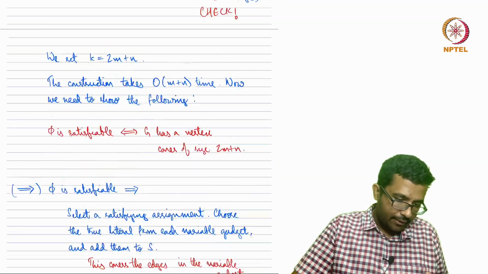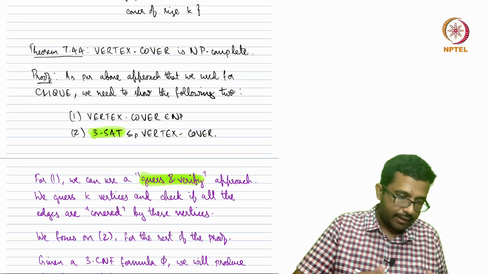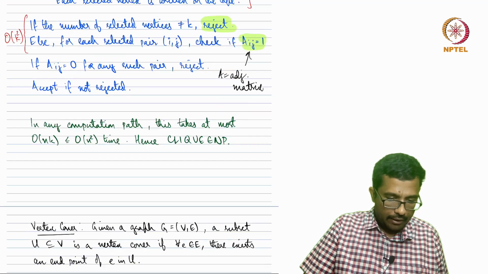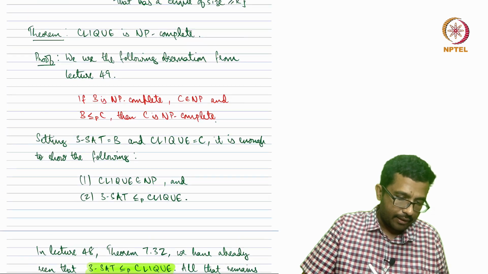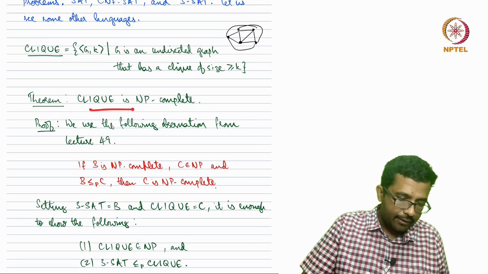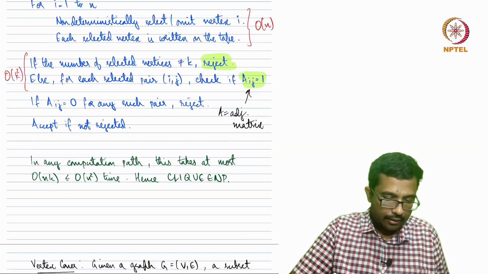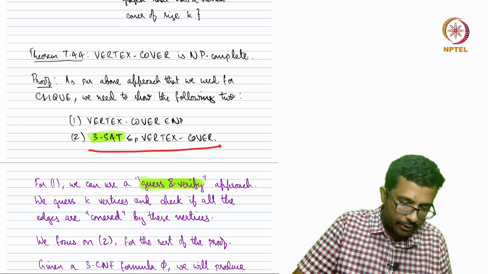So recall that we have to show that some NP-complete language reduces to vertex cover, and here we had chosen 3-SAT. But in the beginning of the lecture we showed that CLIQUE is also NP-complete, right? So another way would have been to show that CLIQUE reduces to vertex cover.